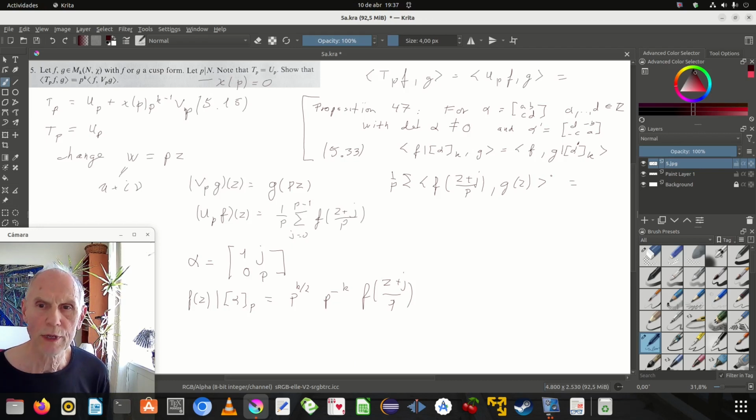So we use that. This is p to the minus k halves, so it's p to plus k halves.